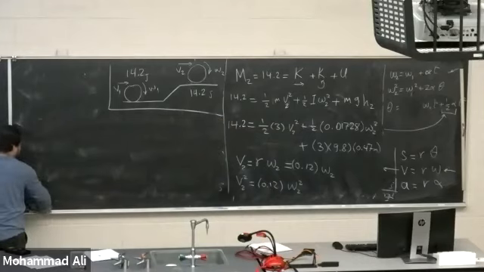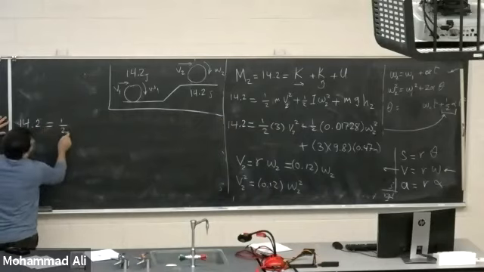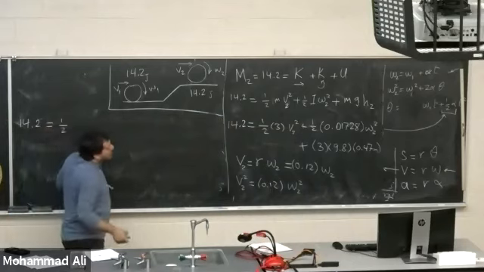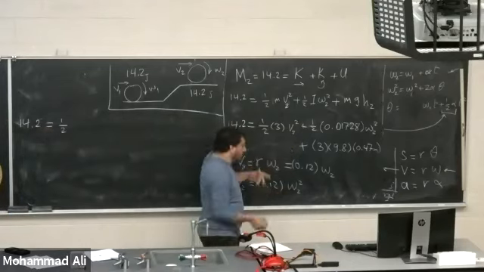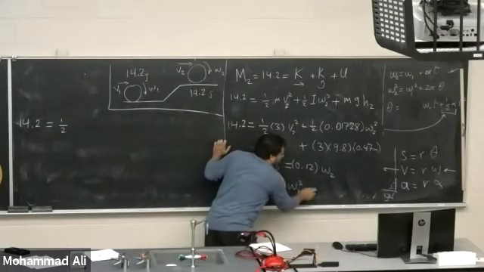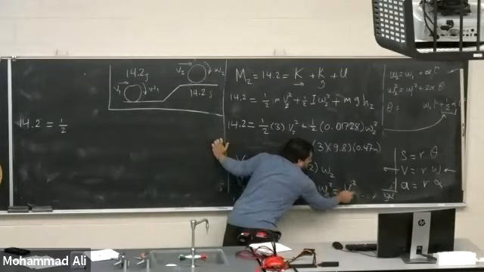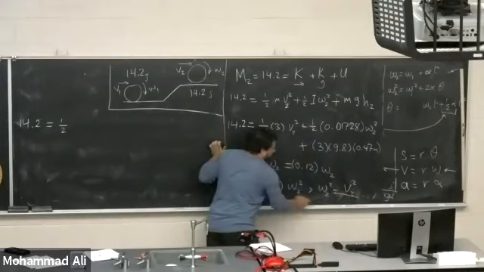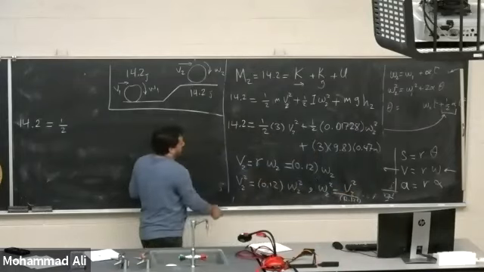Now this is math. Now we have 14.2 equal to 1/2. Some of you may say, I need to put omega 2 and find V. We will do that. You can say omega 2 squared, which is equal to V squared, 2/1. Just divide over.